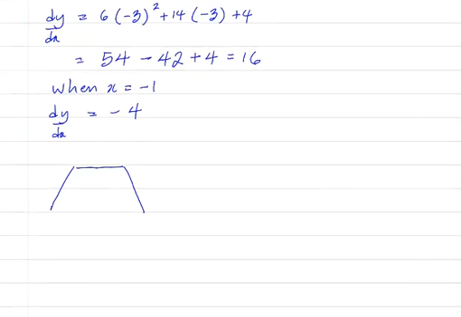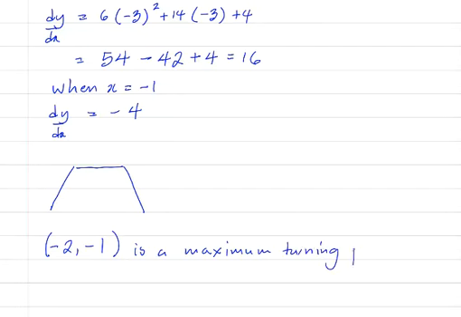So here I can see that minus 2, 1 is a maximum turning point. There we're classifying a turning point using the first derivative.